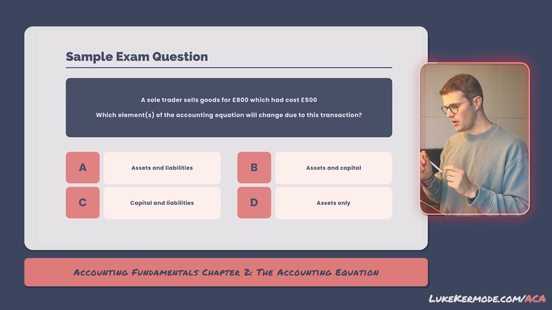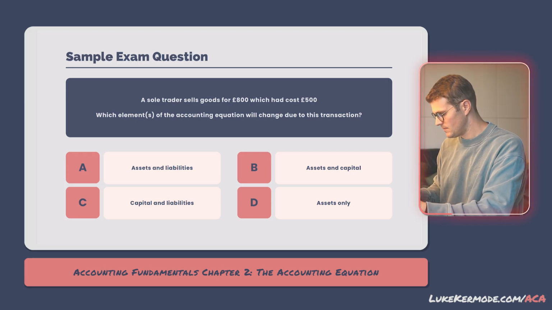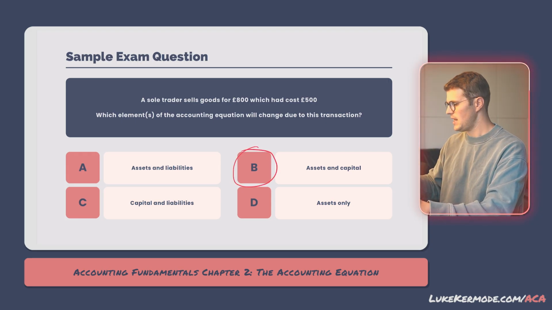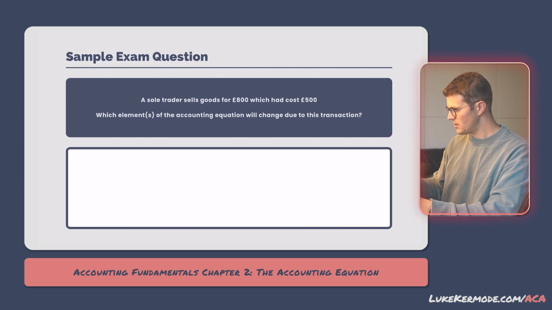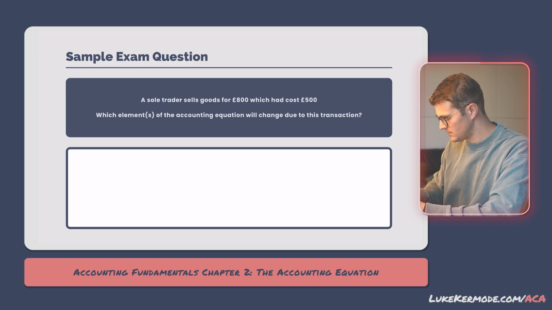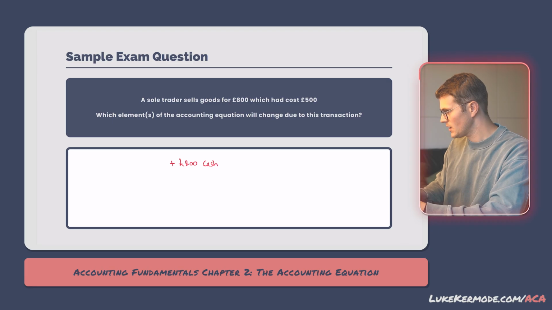Okay, so the correct answer to this question is B, assets and capital, and here's why. When the goods are sold, the business receives £800 of cash, so therefore assets increase by £800.